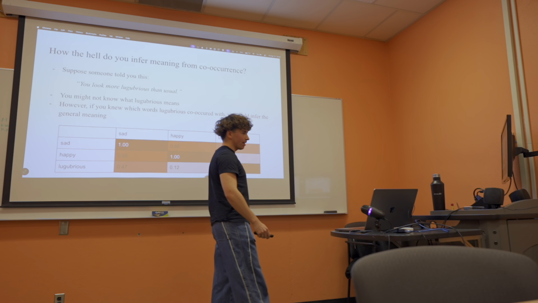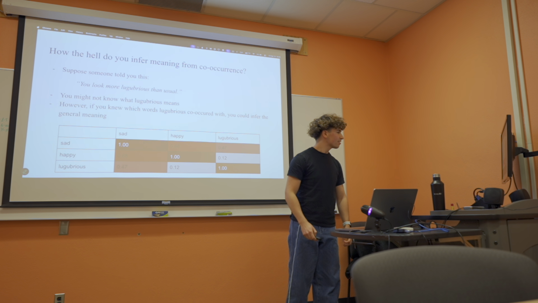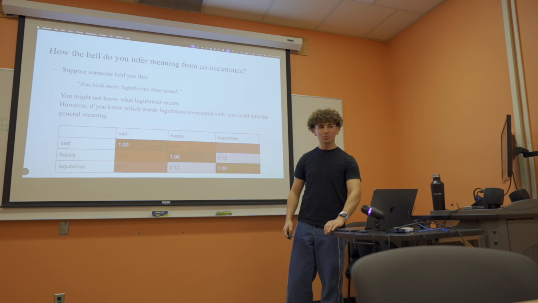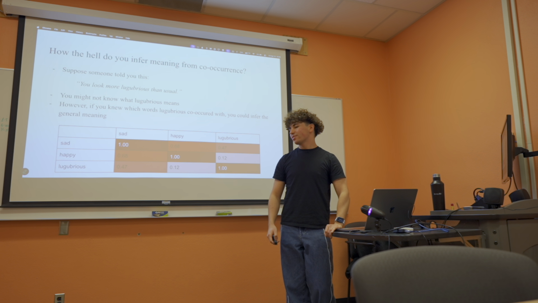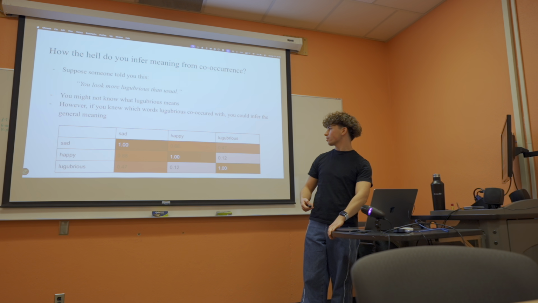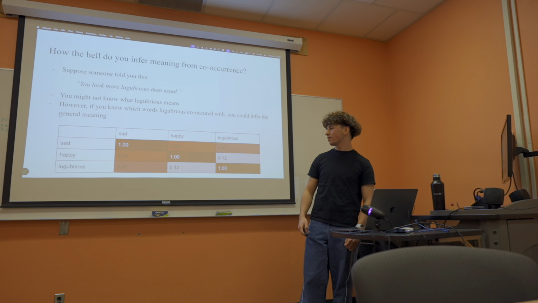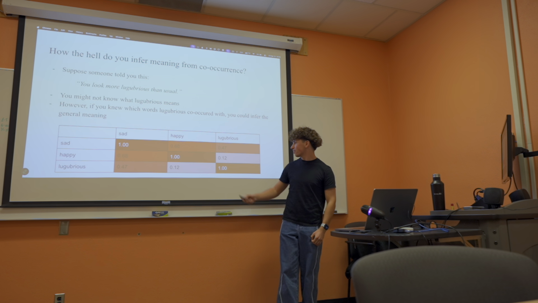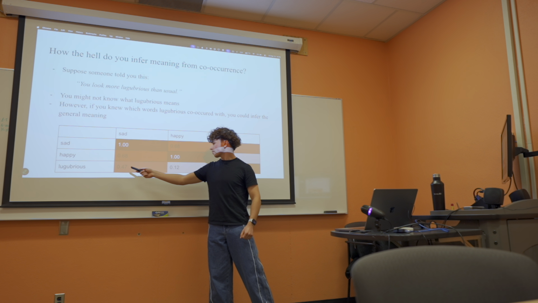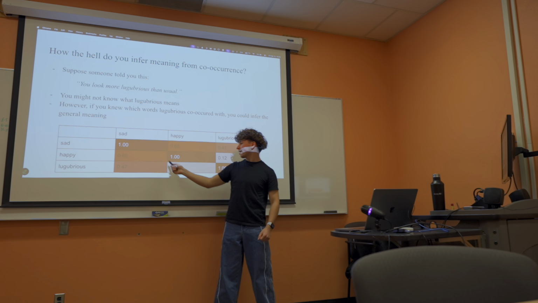So you might be wondering, how can we infer meaning from co-occurrence? Suppose someone came up to you and told you, "You look more lugubrious than usual." You might think, I don't know what that means. And then they hand you a nice co-occurrence matrix right here. From this you can see that lugubrious is more correlated with sad than it is with happy.